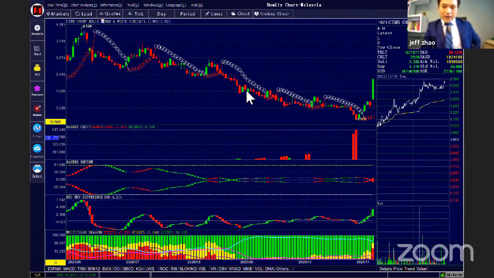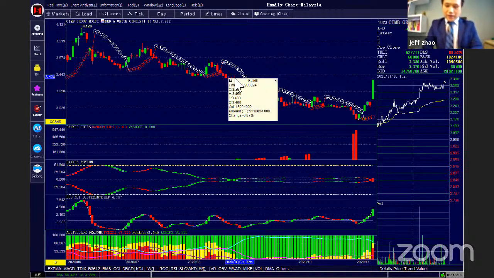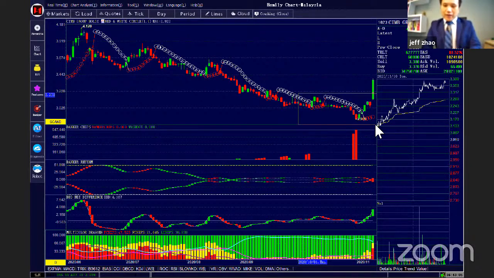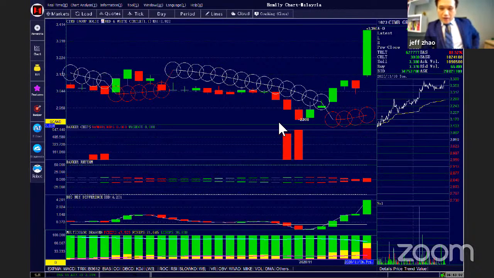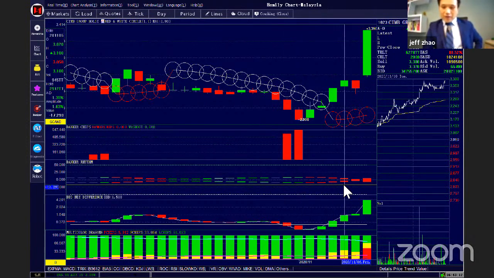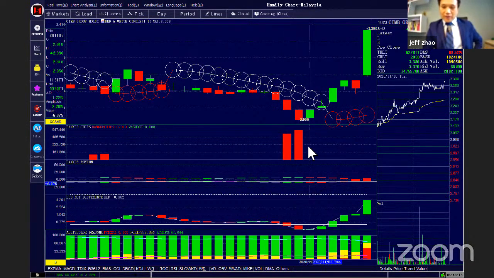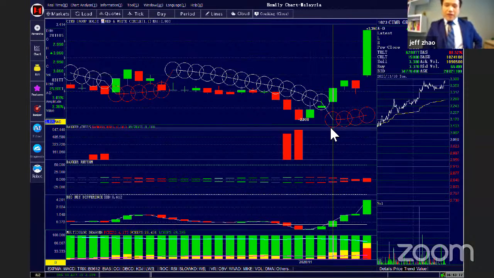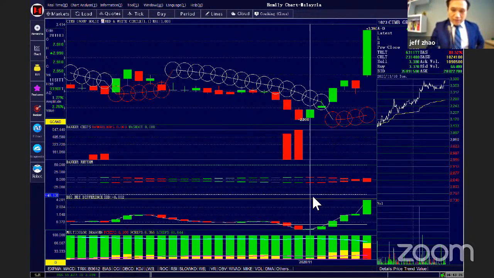Then you can see on the daily chart at the end of the downtrend, there are 2 days the banker appears here. Up there, you can see the column tend to right, but there's no buy point. Here there is the red circle and also the bank rhythm to tell us the column tends to right.